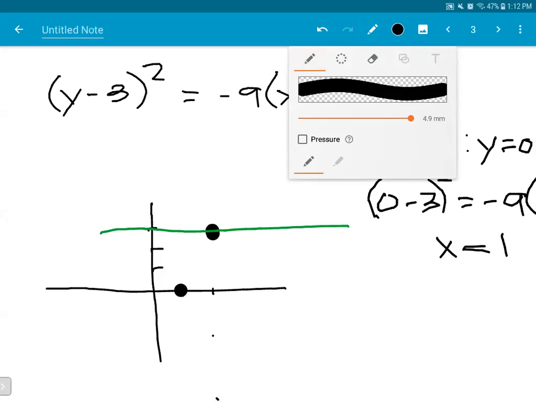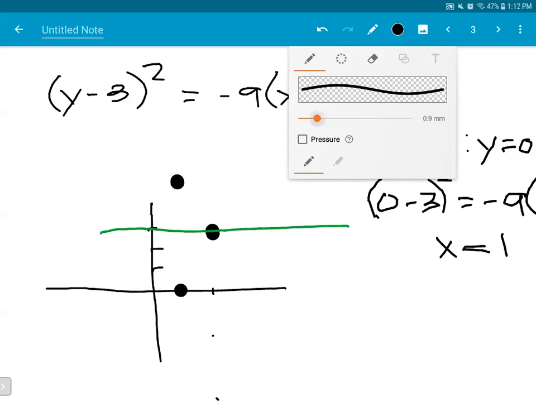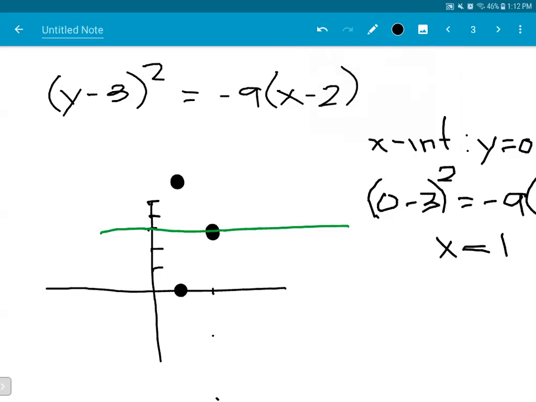So we have this. Let's just approximate: 1, 2, 3. And then you connect the 3 points there, and you have the sketch of the parabola whose equation is the given one.